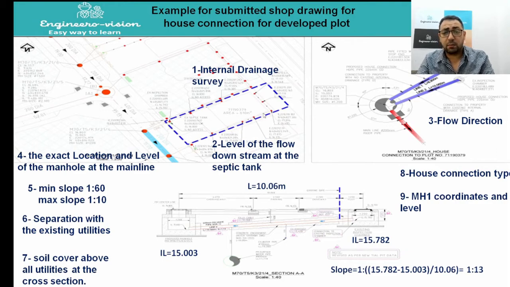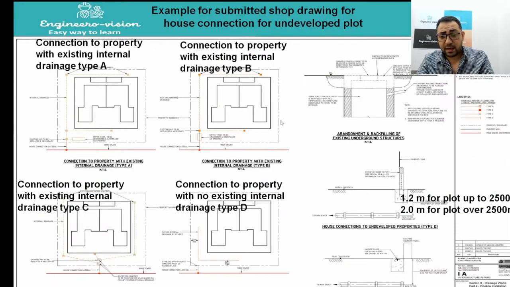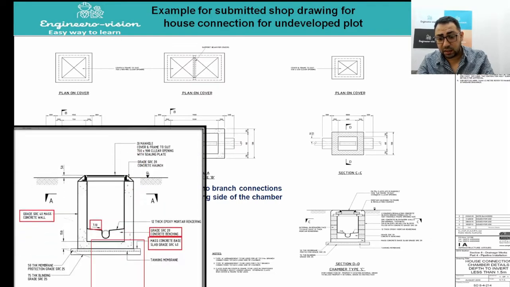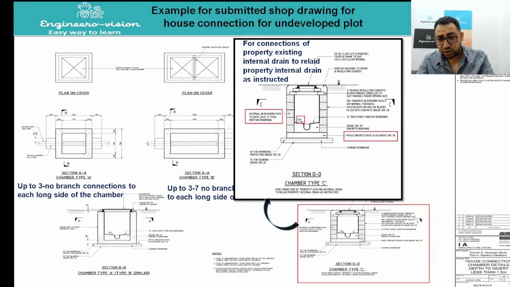This inspection chamber will be constructed as mentioned in the type C detail, which is this one. It will be constructed from bricks only, and the slope will be 1 to 10 as well. And this has to be instructed by the engineer. The base of this one will be mass concrete SRC 20.